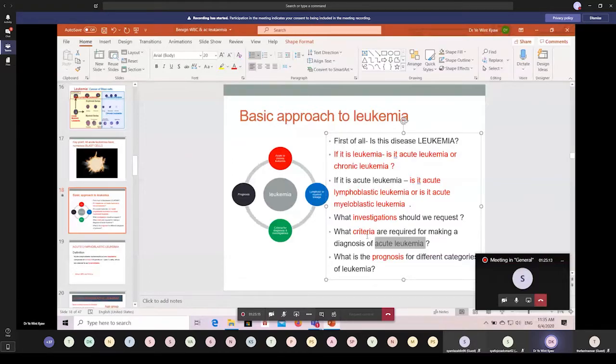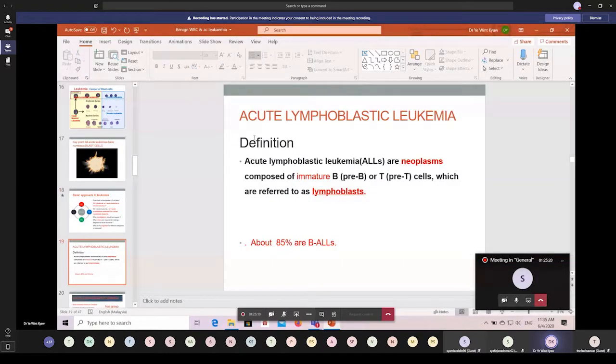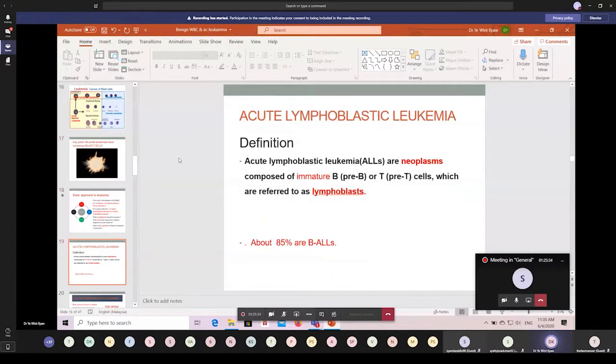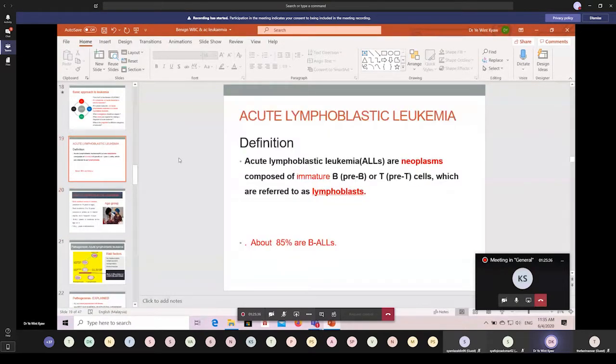It affects prognosis too. Another thing, what is the definition? Firstly, I study ALL, lymphoblastic leukemia, a lymphoid neoplasm originating from lymphoblasts of the lymphoid series. ALL is lymphoid, so B or T cell.